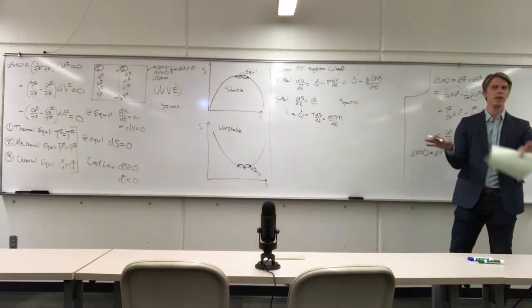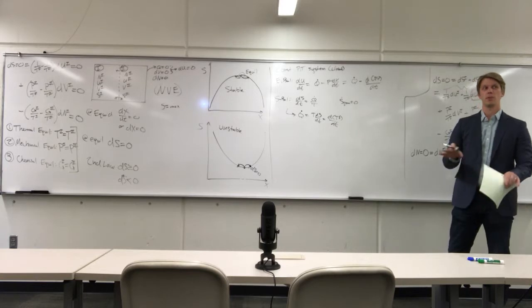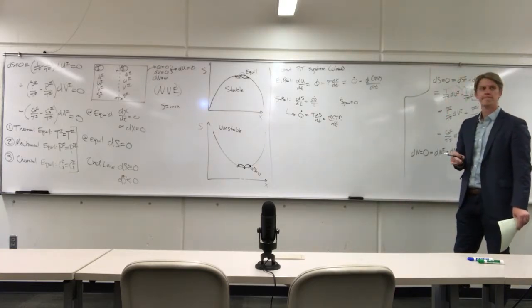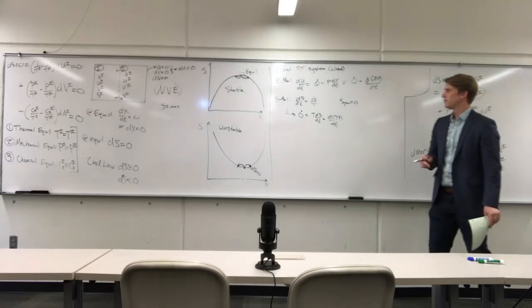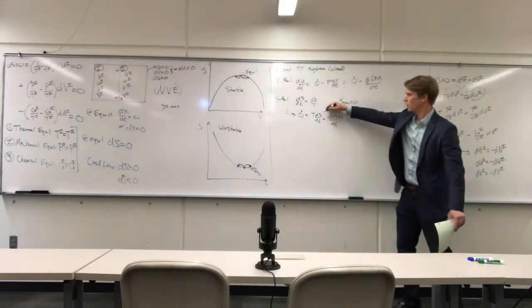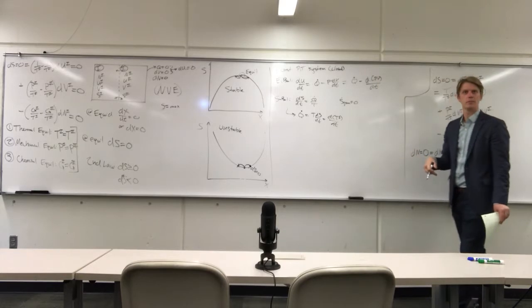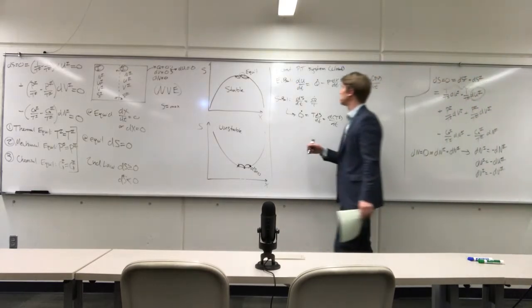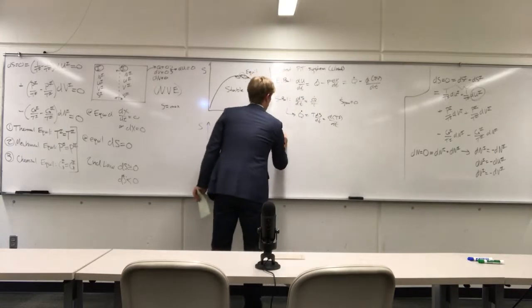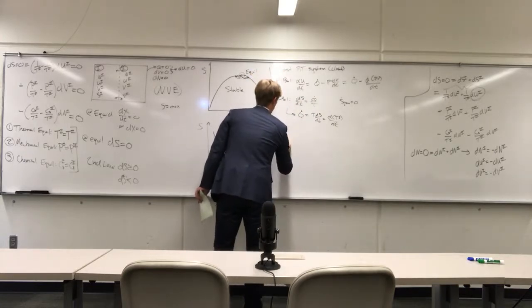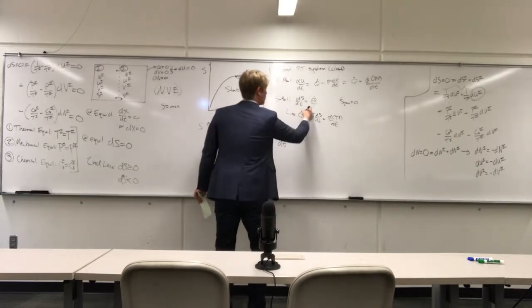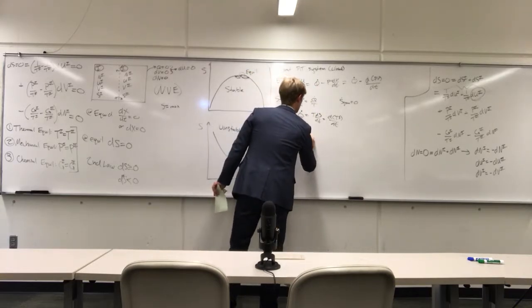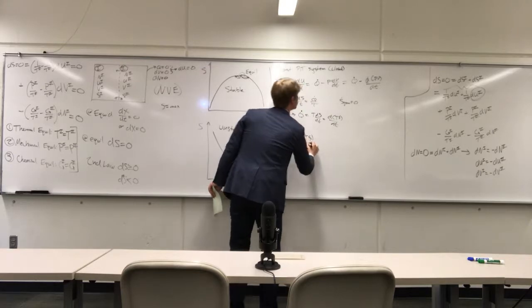Just kind of rearranging things a little bit to make the derivation look a little bit prettier. In this case, we know that T is constant, so we can move it in and around the differential without any concern. We don't have to take any product rules or anything like that because we know it's going to cancel out. Okay, so then we substitute the first and second law together.